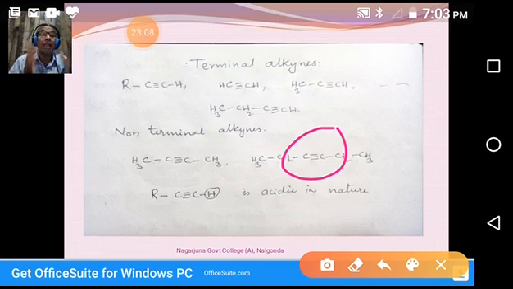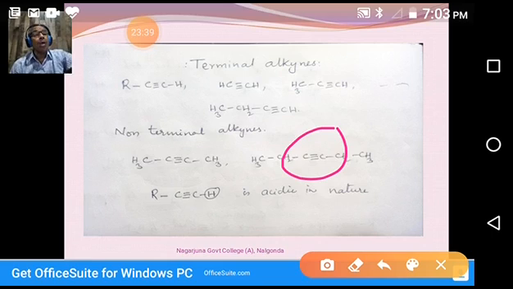So alkynes are substances with a carbon-carbon triple bond. These are of two types. One is terminal alkynes, which have hydrogen at one terminal, attached to a triple bonded carbon. In non-terminal alkynes, we don't observe hydrogen linked to a triple bonded carbon.